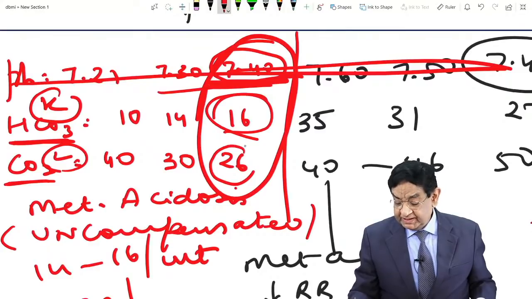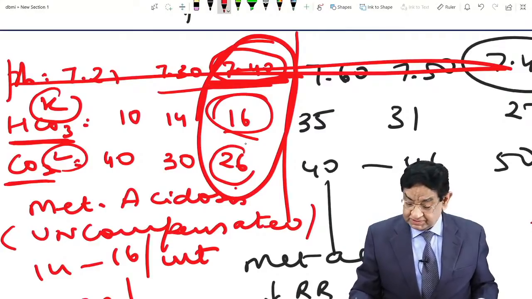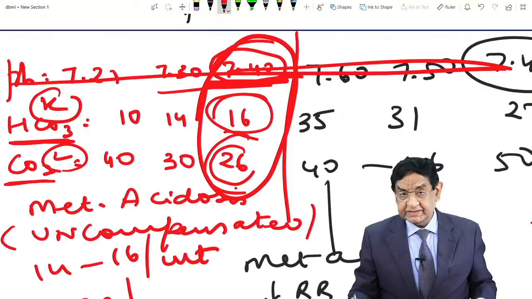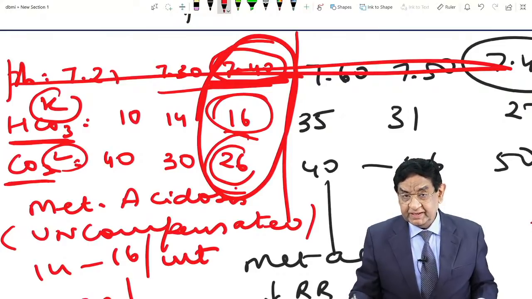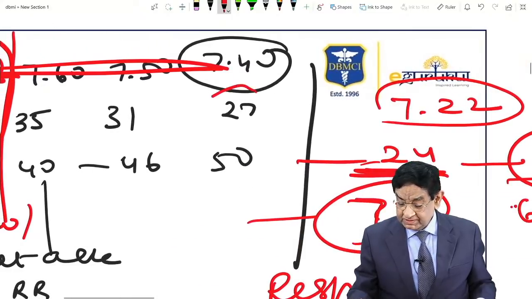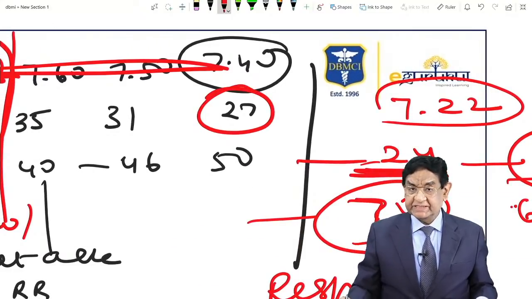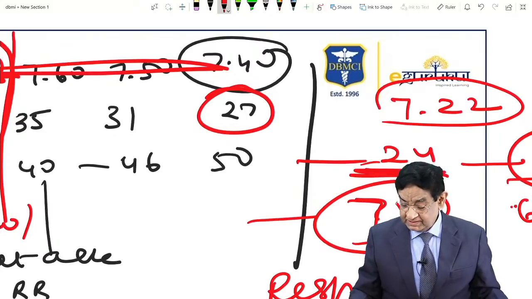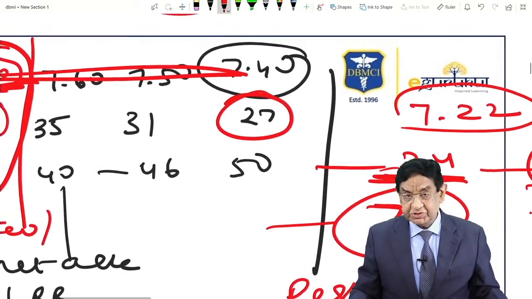Bicarb is 16, metabolic acidosis. CO2 is 26, it is respiratory alkalosis. Look into this: bicarb is 27, in the normal range.